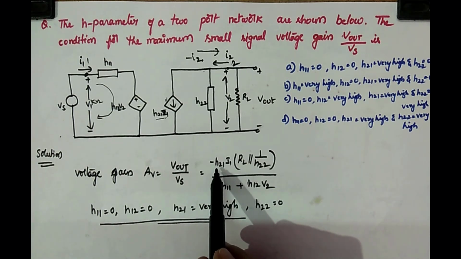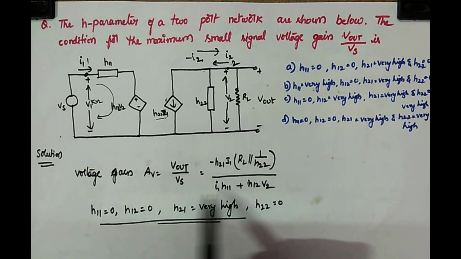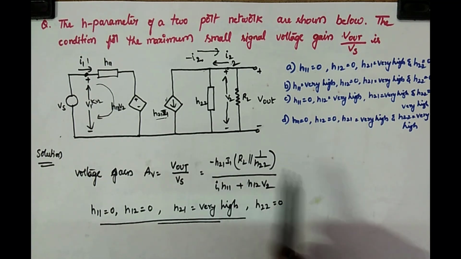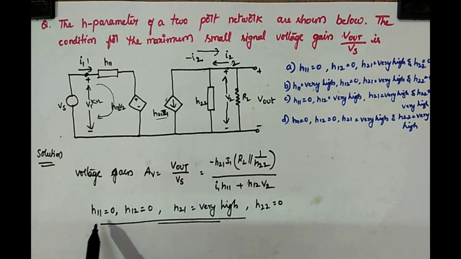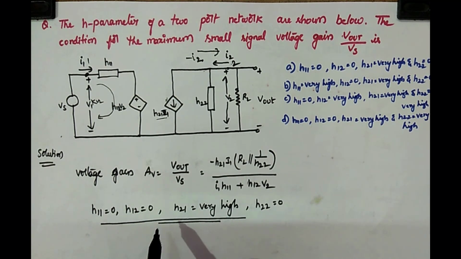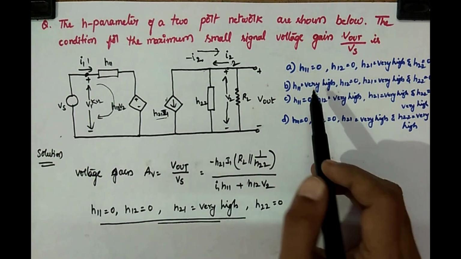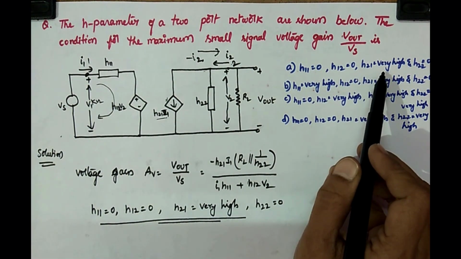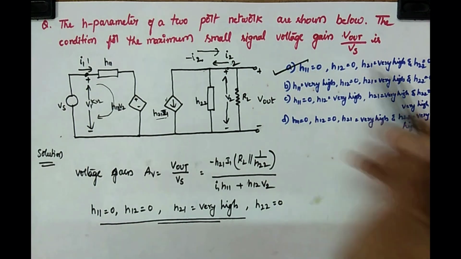H21 must be high, then it becomes maximum. H22 must be 0, then it becomes infinite. So this is the condition to get maximum voltage gain. And if you observe the options, H11 0, H12 0, H21 very high, H22 0. So this is your answer.